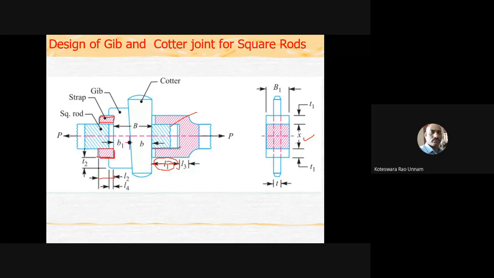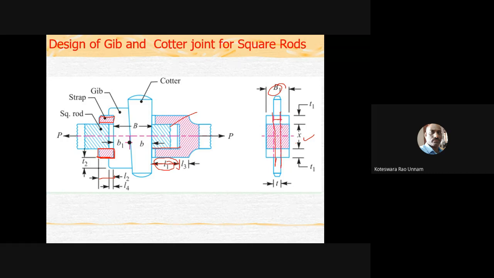Here also, these two are double shear because the thickness of the strap is B1, which is more than the thickness of this jib. So the thickness of the jib is only this one. That means the shearing will take place across this line as well as across this line.